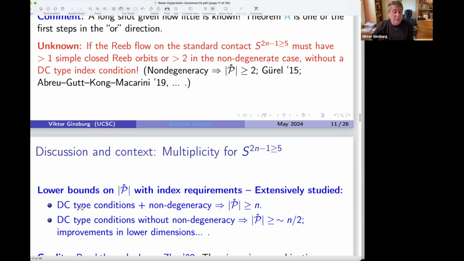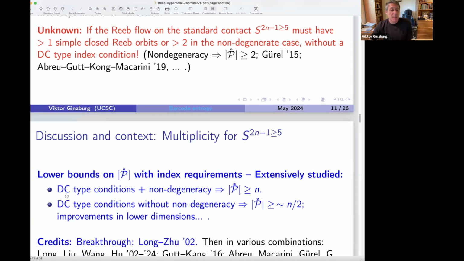So dynamical convexity plus non-degeneracy implies that there are at least n simple uniterated periodic orbits. Without non-degeneracy, we roughly get half of the expected lower bound, namely n over 2.